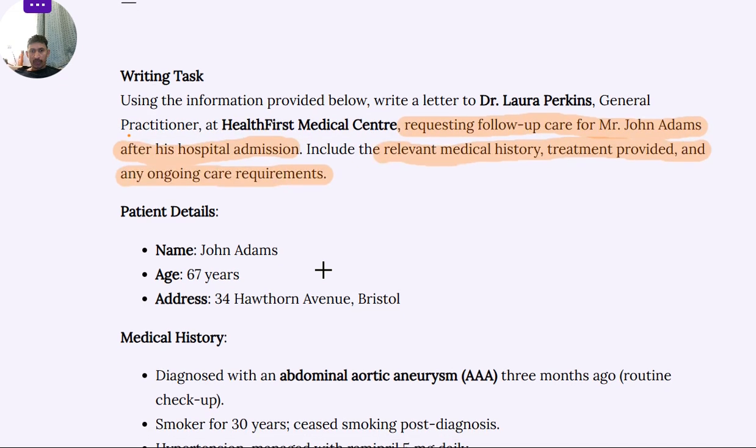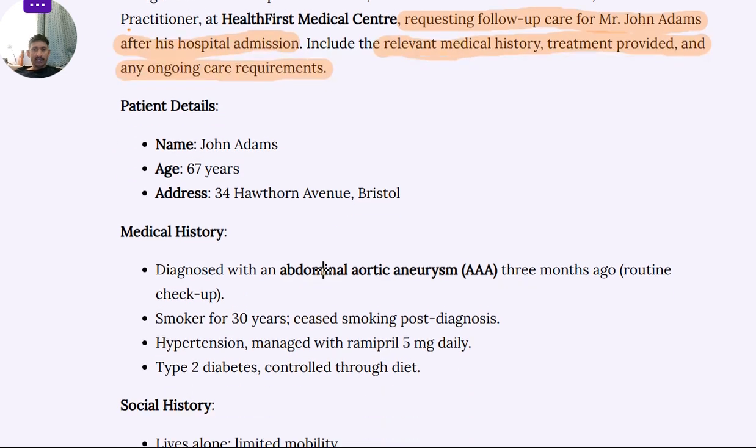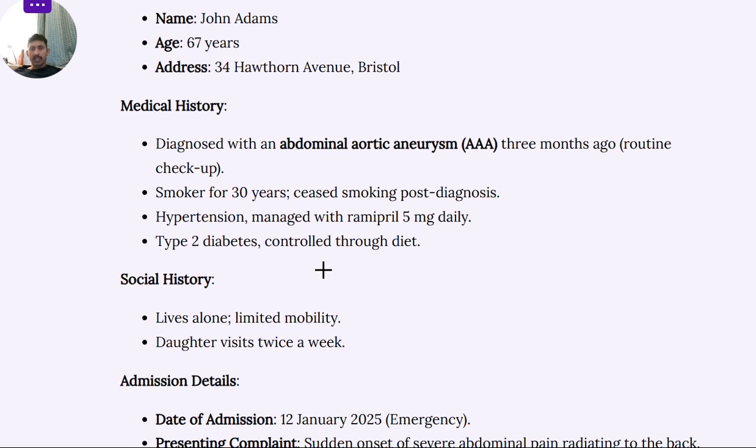Next, patient details are given. John Adams, 67 years, address is given. Medical history: diagnosed with an abdominal aortic aneurysm 3 months ago at a routine checkup.